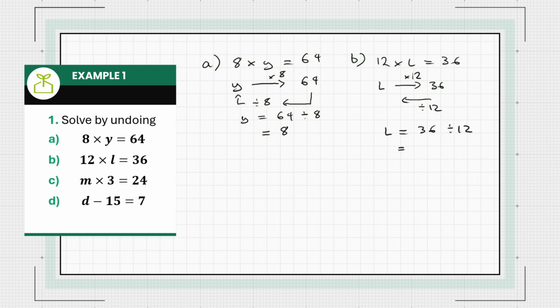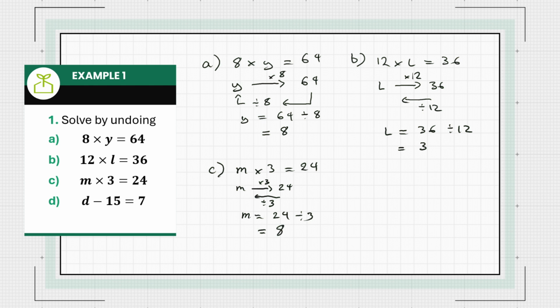And 36 divided by 12 is just 3. Let's look at C. So for C, we have m multiplied by 3 is equal to 24. That means from m to 24, I have multiplied by 3, which means to go from 24 to m, I simply divide by 3. So m is equal to 24 divided by 3, and 24 divided by 3 is 8.